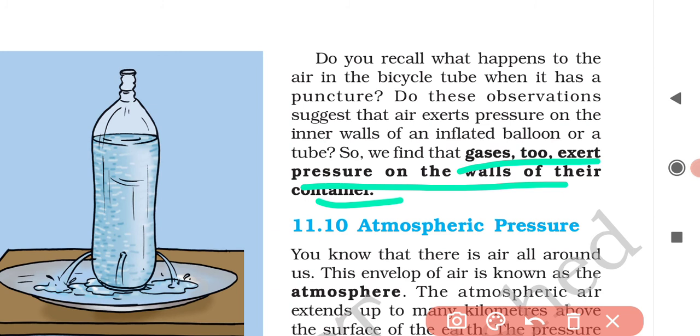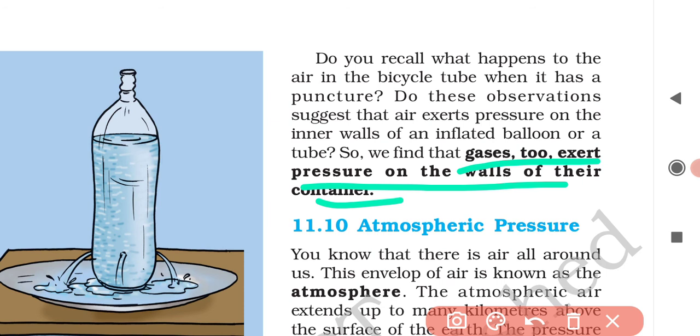And when air is pumped into a bicycle tube by using a pump, then the bicycle tube is inflated due to the air pressure exerted by the collisions of gas particles in the air with the inner walls of the tube. So this air pressure in the bicycle tube makes the bicycle tire feel hard.